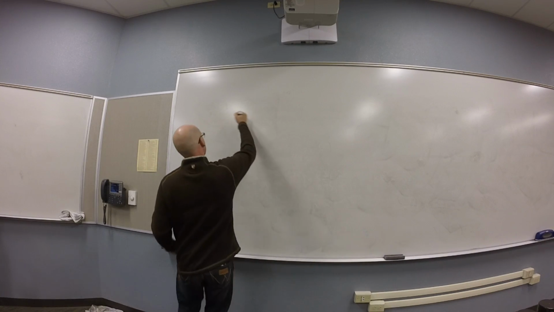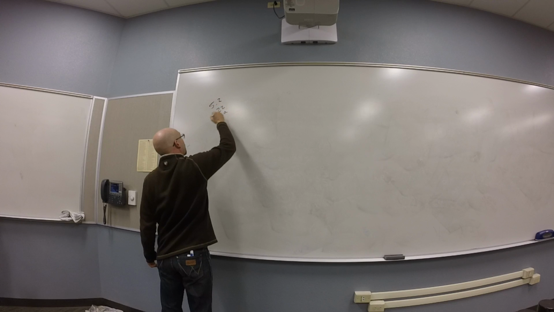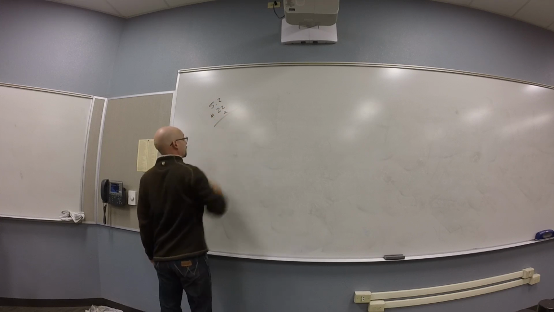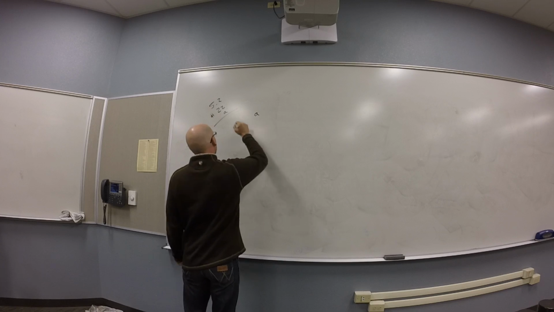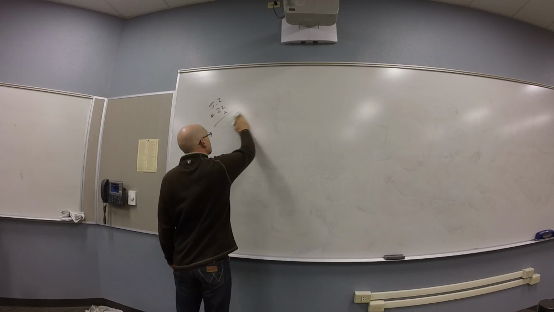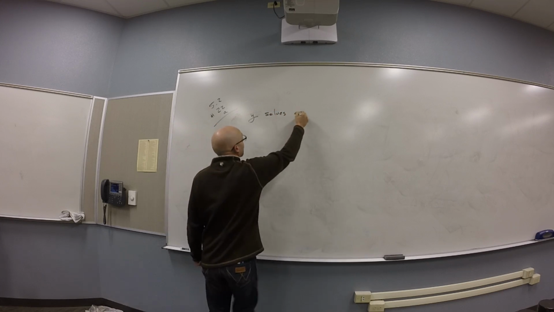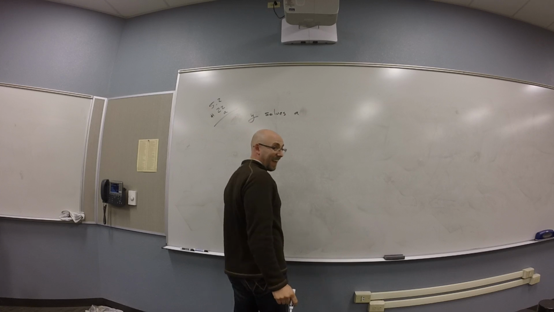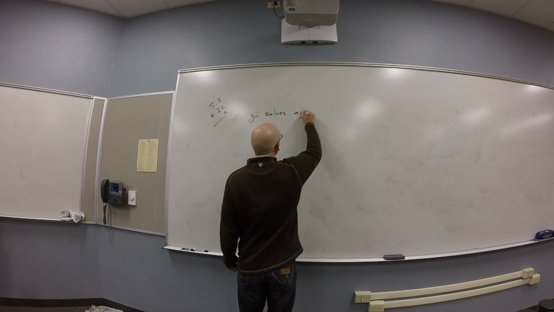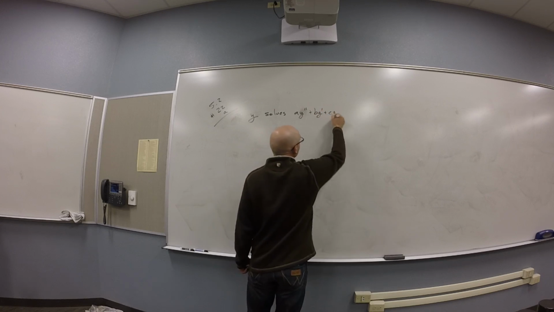Okay, so let's look at number 22A in 5.2. This says suppose you have y that solves a y double prime plus b y prime plus c y is 0.